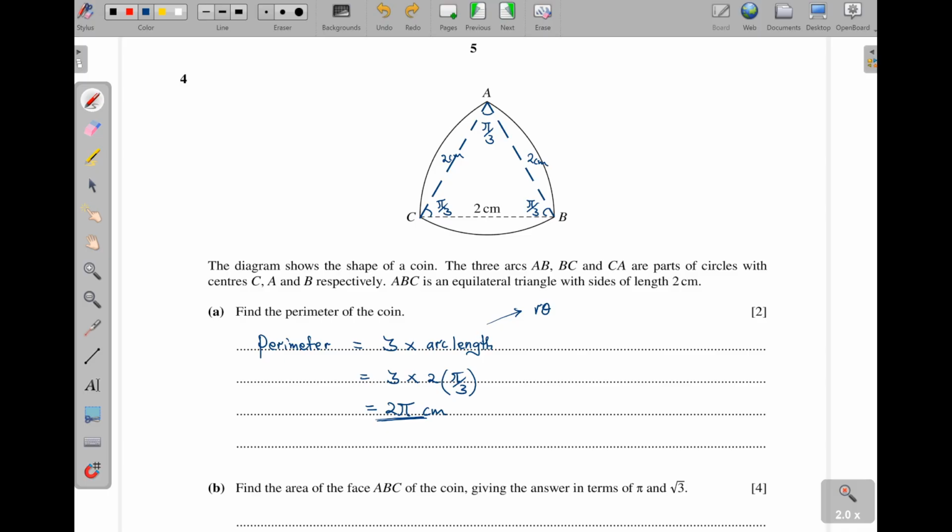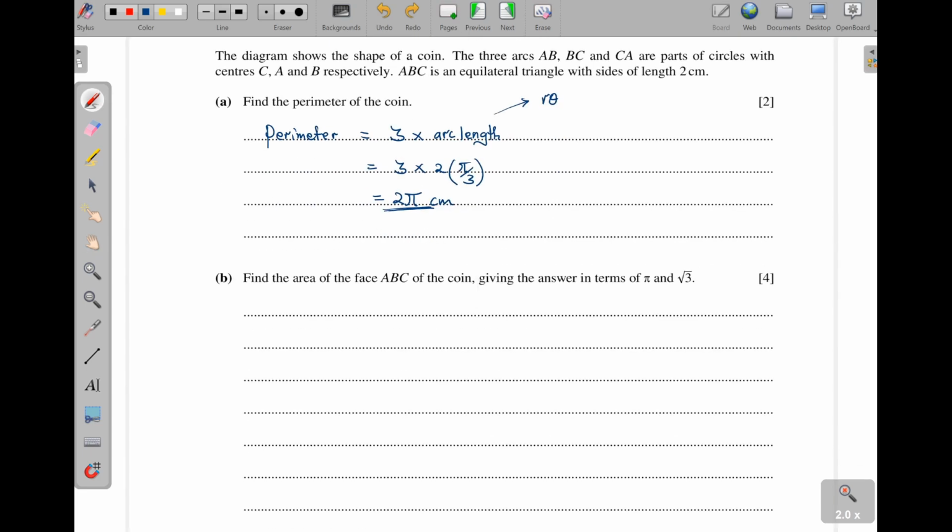Or I can choose one sector. Let's say ABC, this sector here. I can get area of that. Then from there, I add on the area of this segment plus the area of this segment. Okay, so that is what I'm going to use.